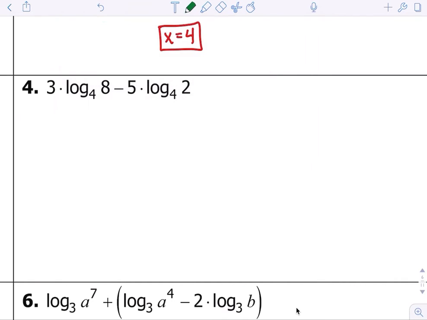So we're going to get log base 4 of 8 to the third minus log base 4 of 2 to the fifth. Now we'll simplify that. Log base 4 of 8 to the third power is 512 minus log base 4 of 32.